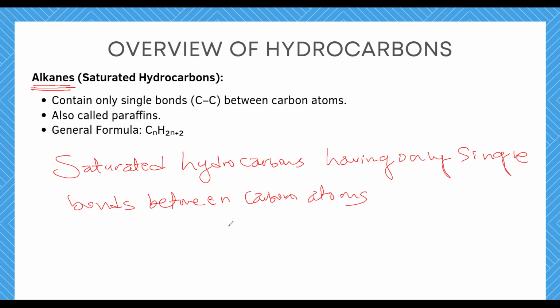I hope you're with your pen and paper. All right, go ahead, write that down. Alkanes are hydrocarbons having only single bonds between the carbon atoms. And while you're writing that down, I want you to write the formula for alkanes. It is written as CnH2n+2. I sent the notes as well to the class.